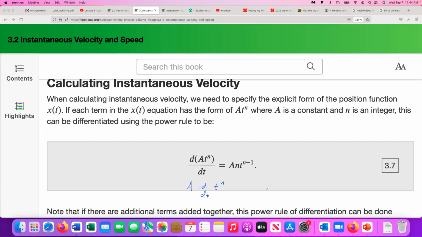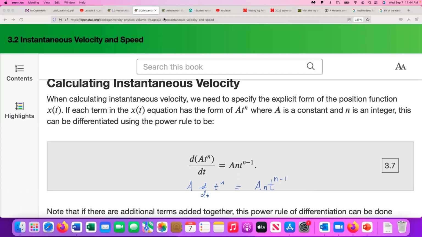So you end up with this equaling a. You bring down this n and it comes out n. And then you put your t back in the equation, and your n back in the equation up here, and then you subtract 1 from the n. And that's the pattern for the derivative of a polynomial term.